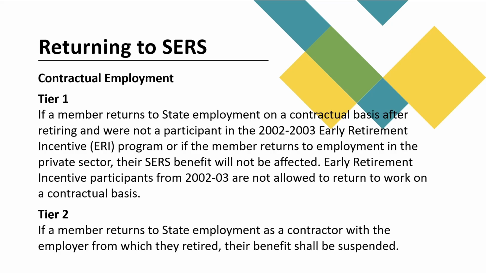Early retirement incentive participants from 2002 to 2003 are not allowed to return to work on a contractual basis. For Tier 2 folks returning on contractual employment, if a member returns to state employment as a contractor with the employer from which they retired, their benefits shall be suspended.